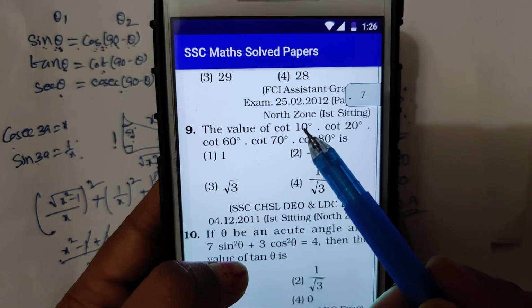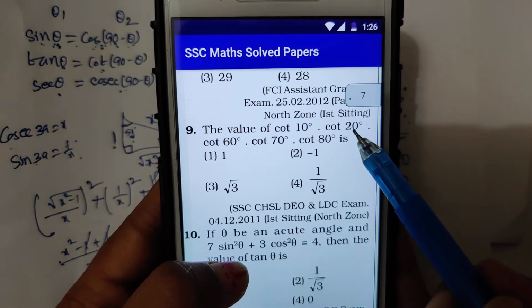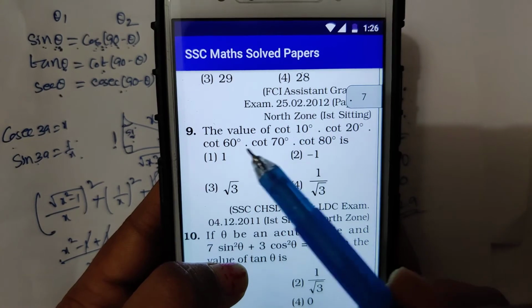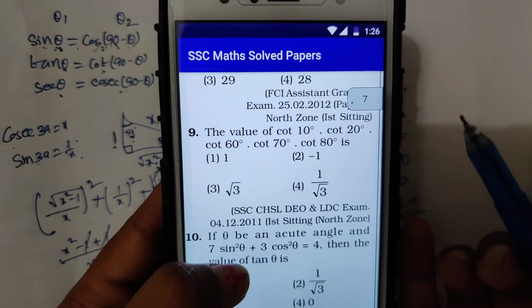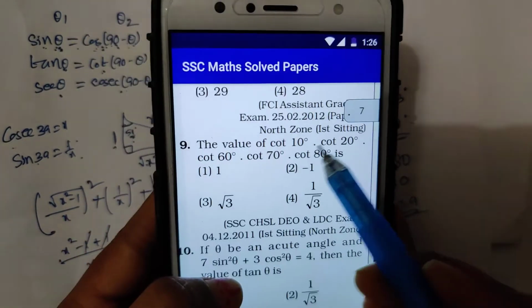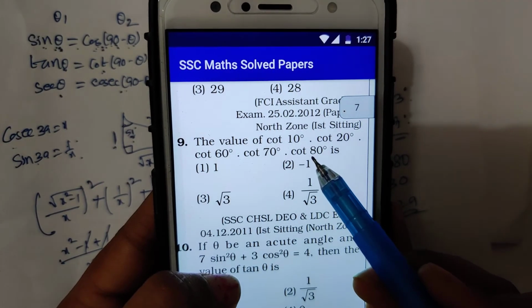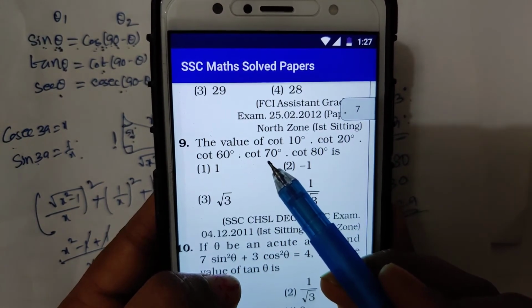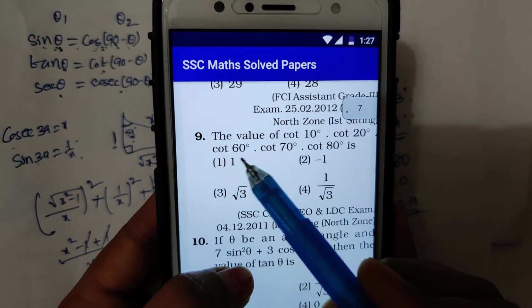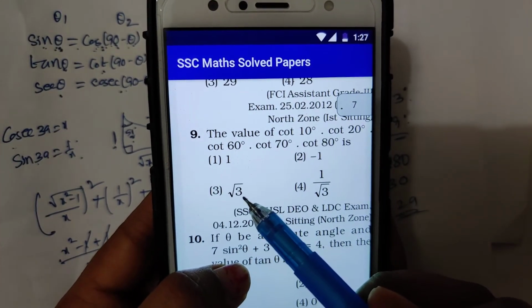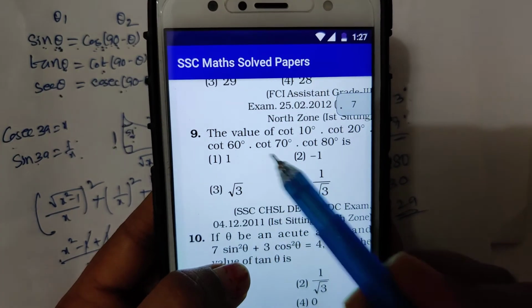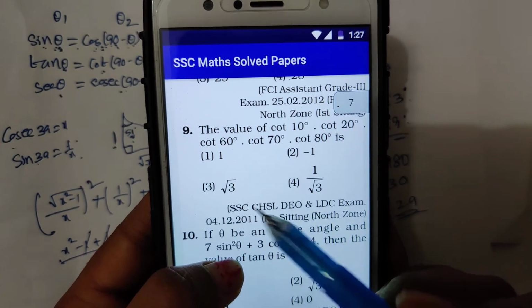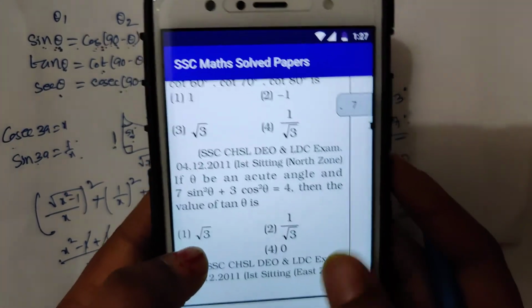See, 80 plus 10 is 90 and 20 plus 70 is 90. Cot 60 we already have that value, right? So cot 10 into cot 80 is 1, cot 20 into cot 70 is 1, cot 60 value is root 3 directly. So for this type of question there is no need of putting pen and paper.